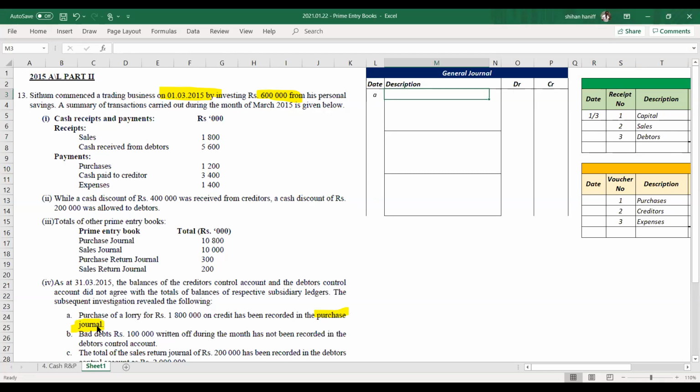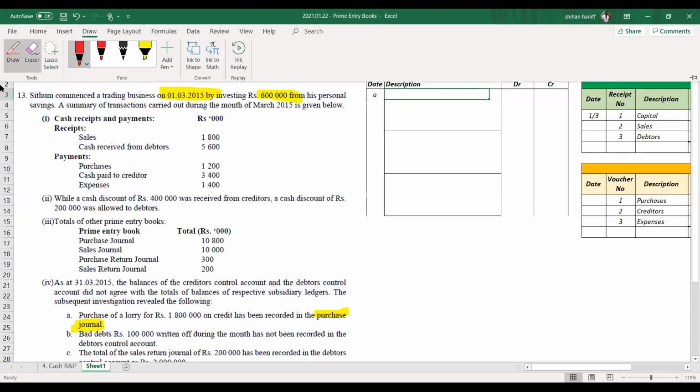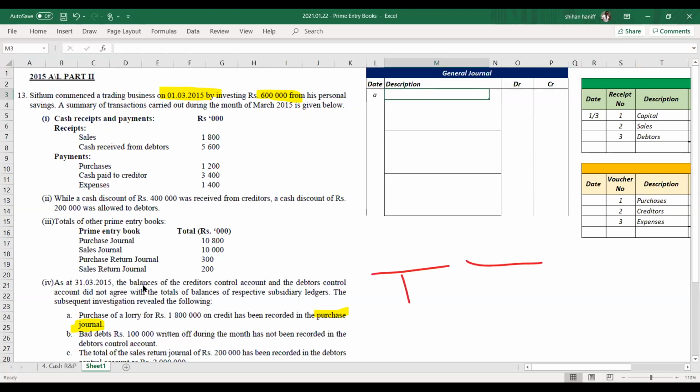So the double entry will go as purchases account debit 1800 and creditors control account credit 1800. This is how it has been recorded.